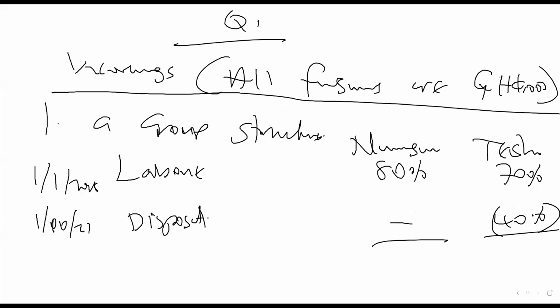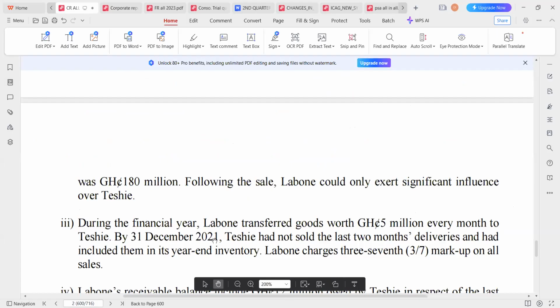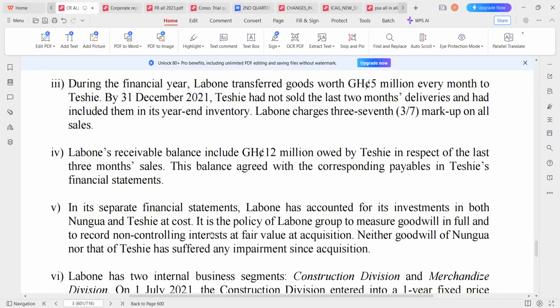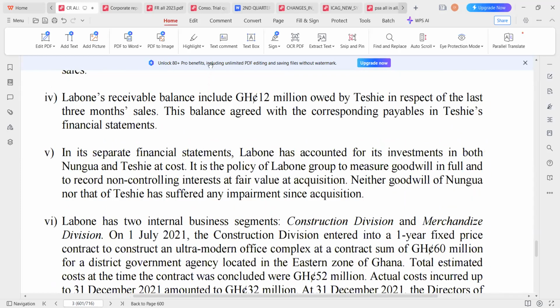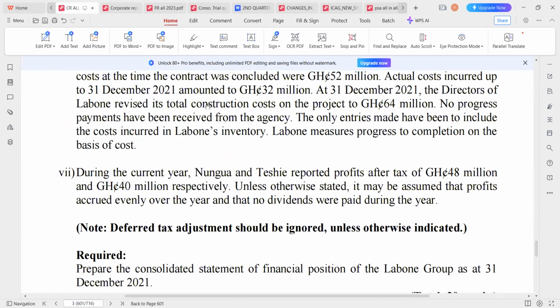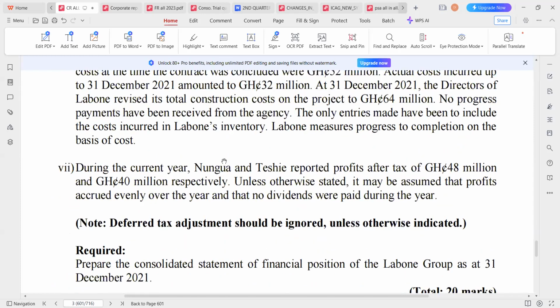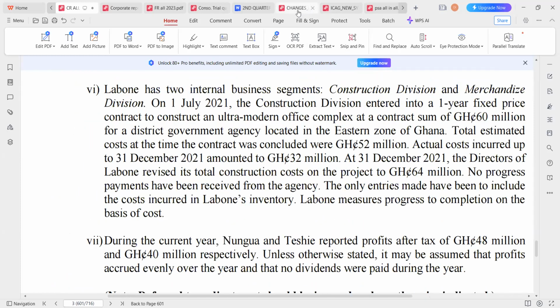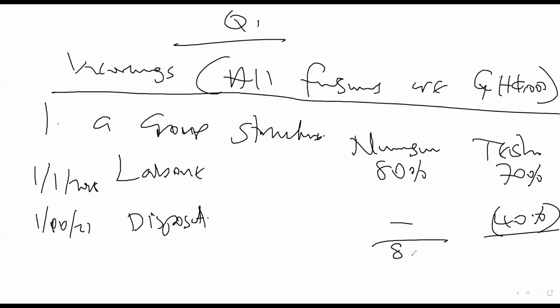Let me finish scanning through. Be sure that we have not sold anything again. Here, they've not sold anything again. So we are done. We still get 80%. Here you get 30%.